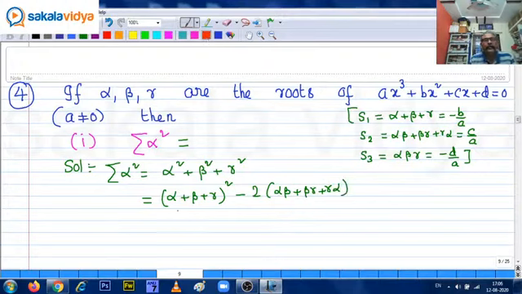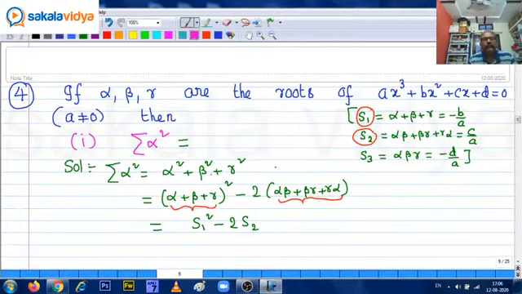See, it's very clear. Alpha plus beta plus gamma is S1. Alpha beta, beta gamma, gamma alpha is S2. So now this can be written as S1 square minus 2S2.